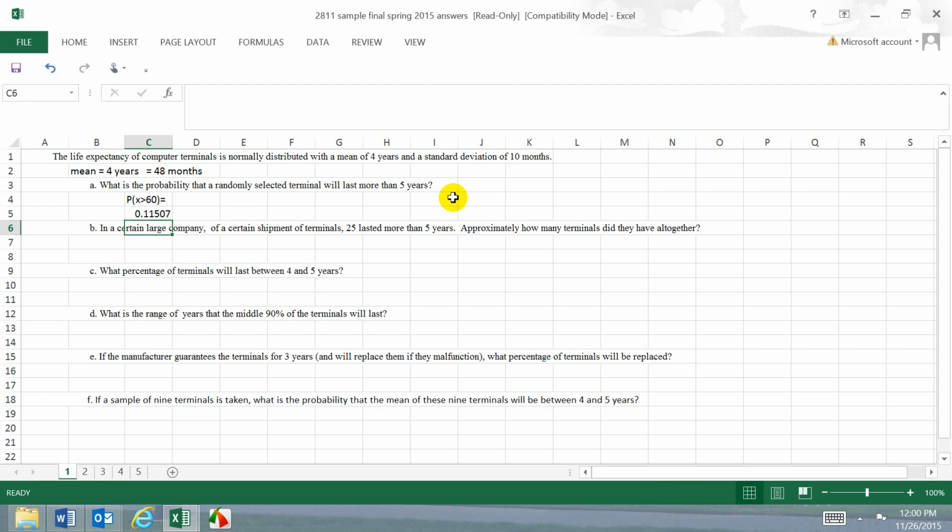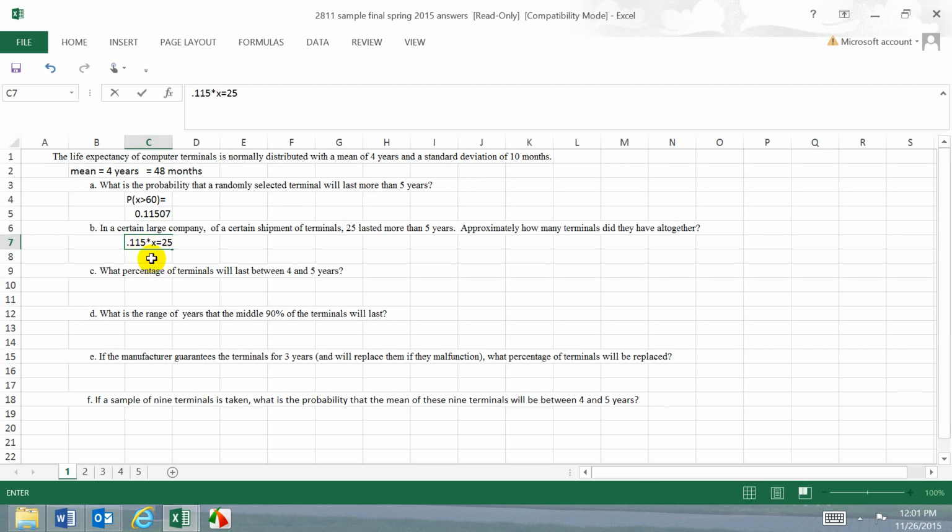So if there's an 11.5% probability that it lasts more than 5 years, then what we're saying is that 11% of what? 0.115 times what is equal to 25. Again, we're saying 11% of what is equal to 25.